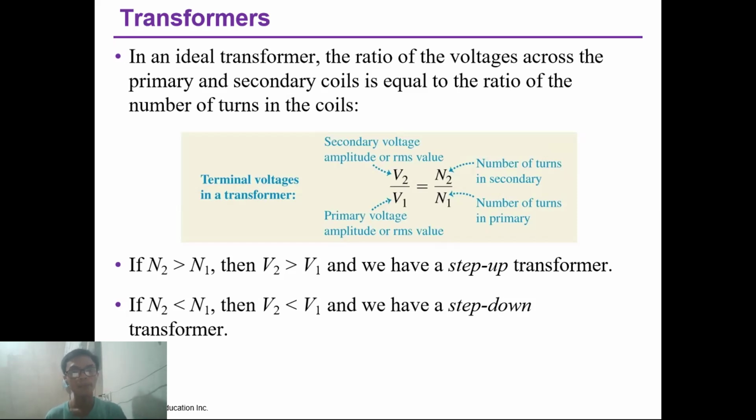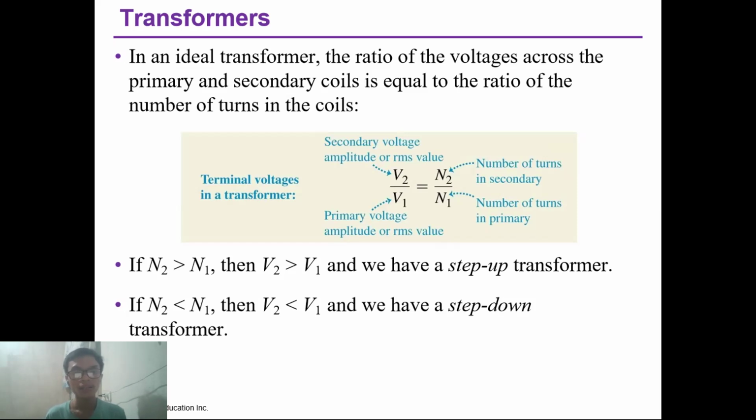If the secondary number of turns is greater than the number of primary turns, we have a step-up transformer.